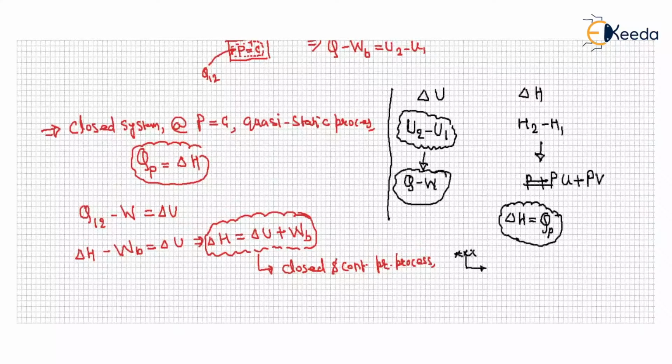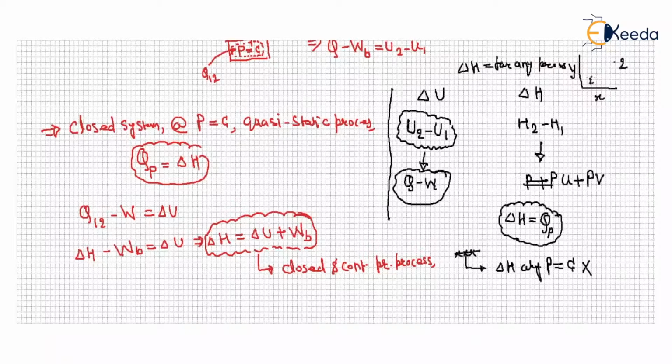The change in enthalpy is always at constant pressure. This is wrong. The change of enthalpy is for any process. Why? Because it is a property. See, this is your thermodynamic plane with y and x, this is your point number 1 and this is your point number 2.